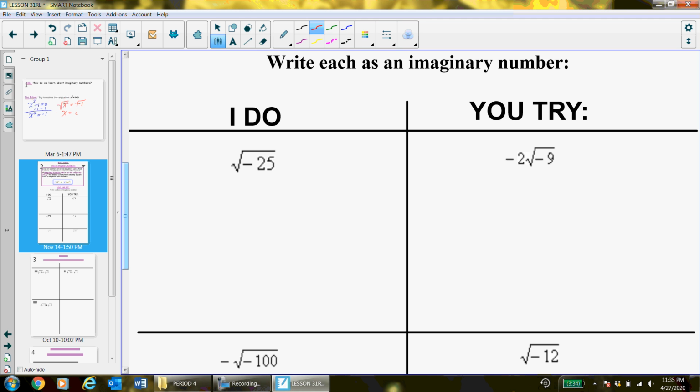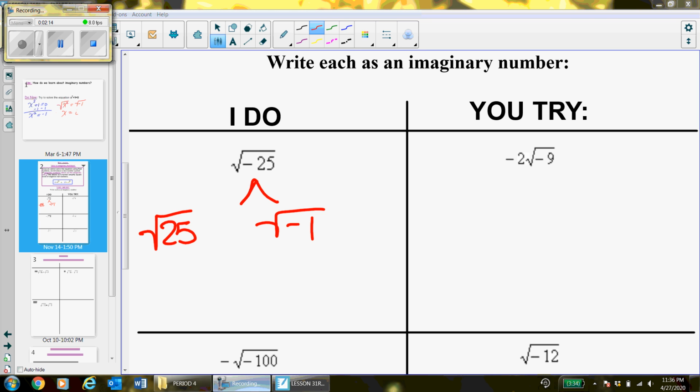All right, so first question, radical negative 25. The same way we simplified radicals before is the same way we're going to now. So we have here radical 25, radical negative 1.